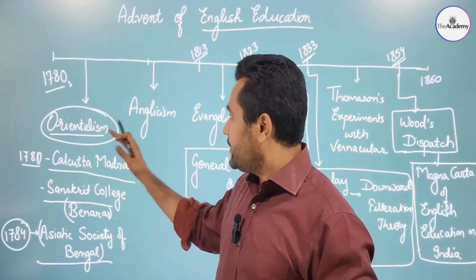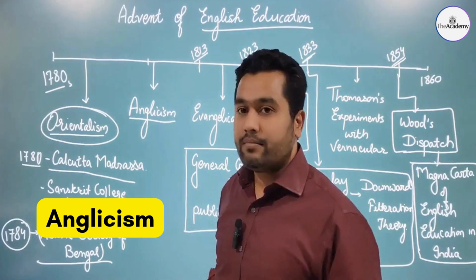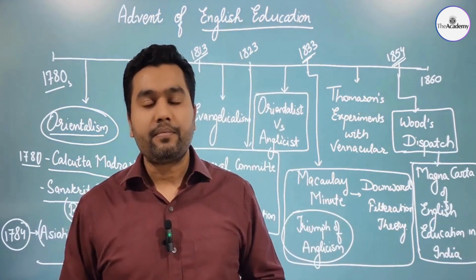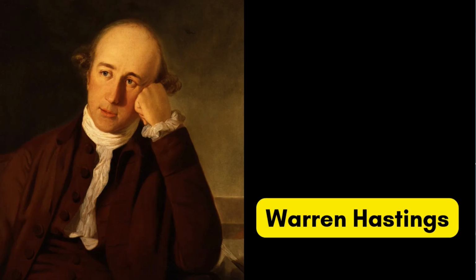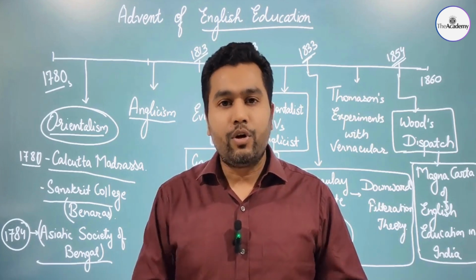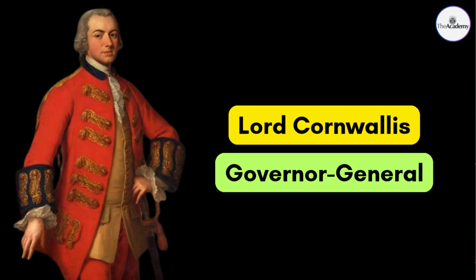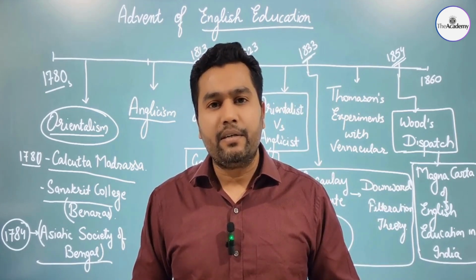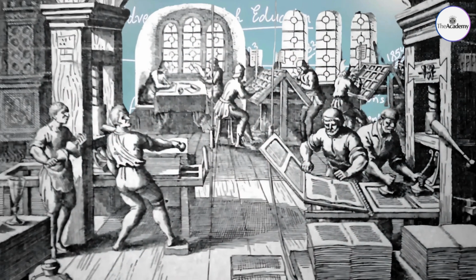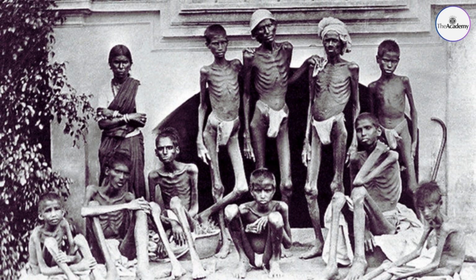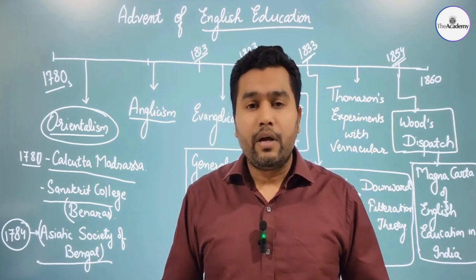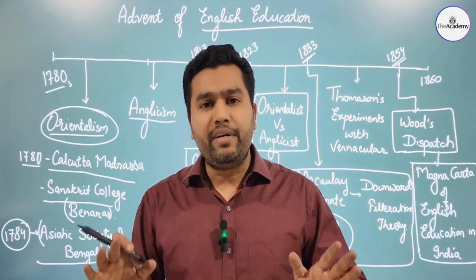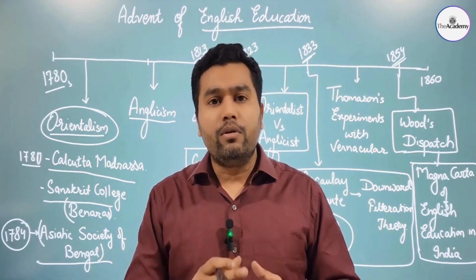Now let us see the transition towards Anglicism, Anglicization. After Warren Hastings, we saw Lord Cornwallis became the Governor General. The British era was characterized by rampant corruption, maladministration, famine, oppression, exploitation. Entire Bengal was ruined by the British rule.